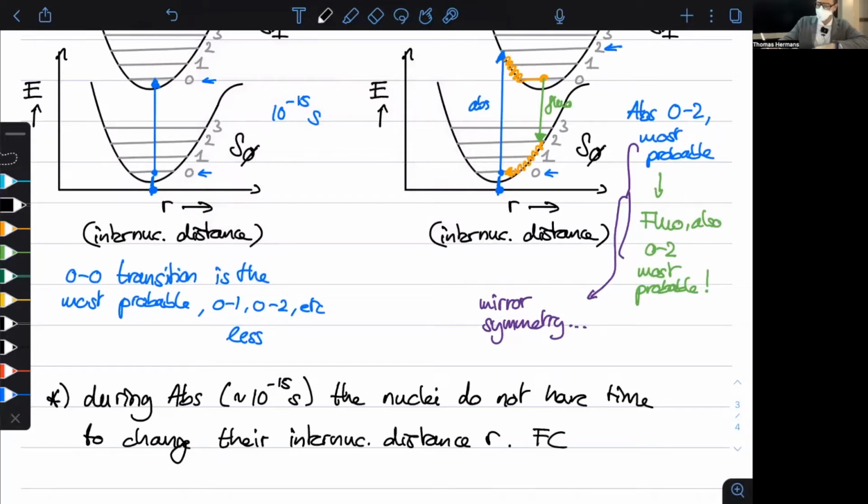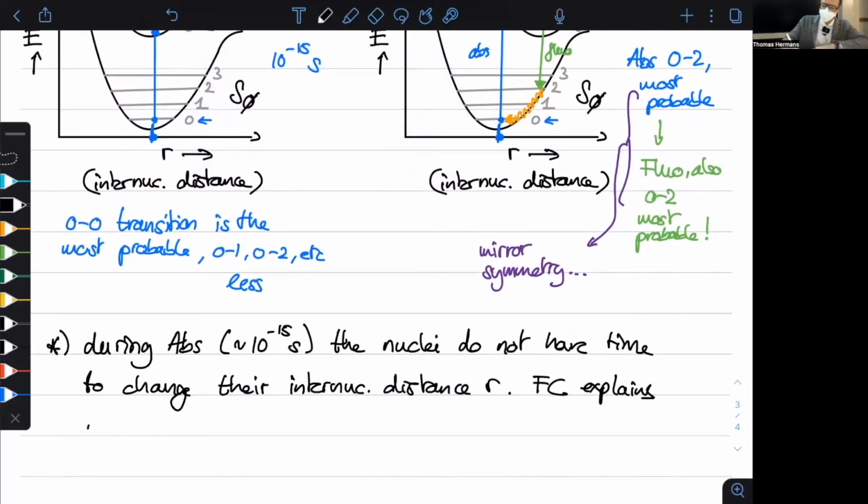So this Franck-Condon principle explains, in a graphical way, which vibronic transitions are the most probable.